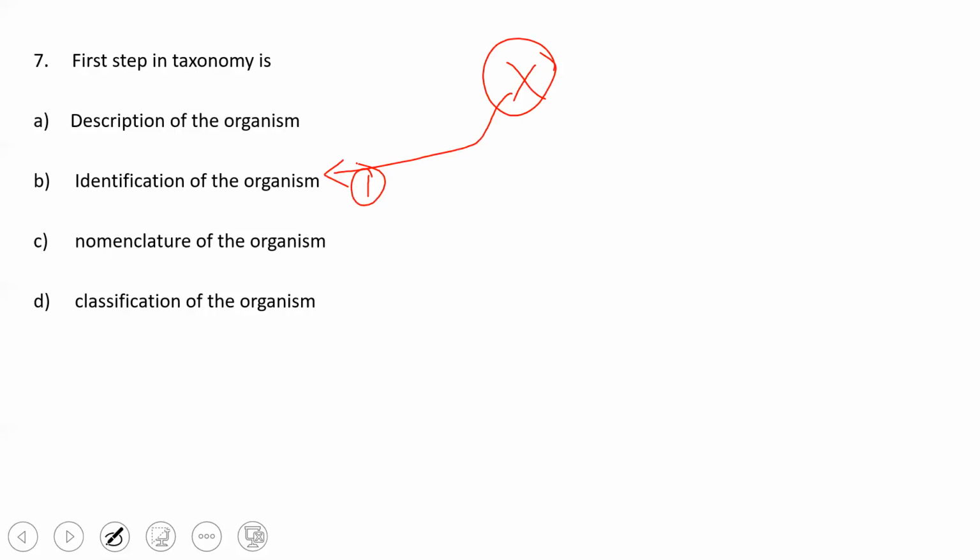Once we identify the organism, we go on describing the organism. Once we describe the organism, then we can name the organism, that is nomenclature.